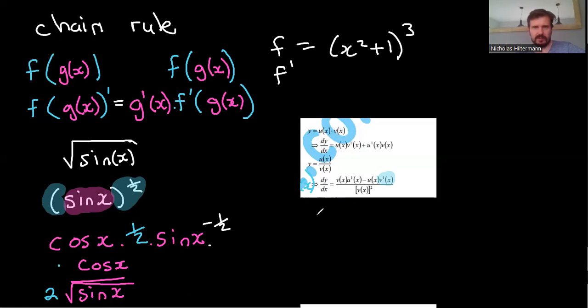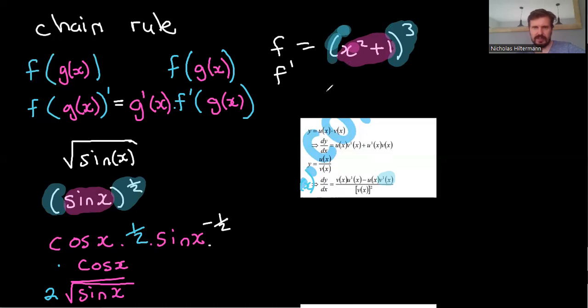Well, our chain rule is we're looking for an outside and an inside. So our outside is this, and our inside is this. The reason I'm calling it the inside-outside rule is because I'm going to derive the inside and then derive the outside.